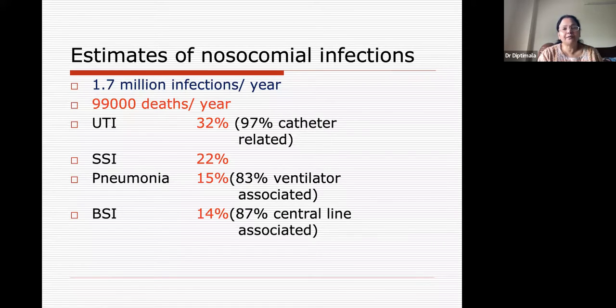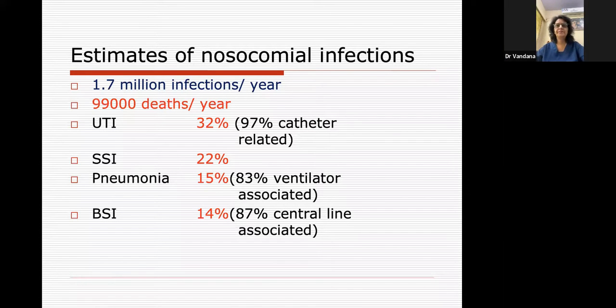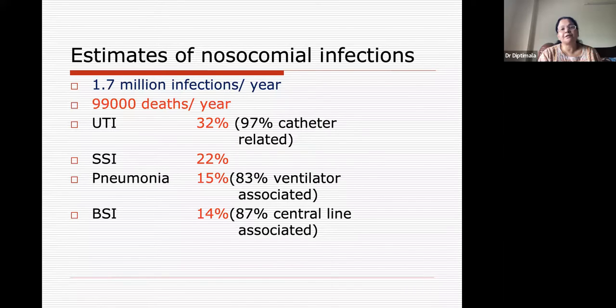So 97% are catheter related. So how important, how significant it is for all of us as the healthcare community, especially our nursing staff, to follow all the steps while inserting the urinary catheter.